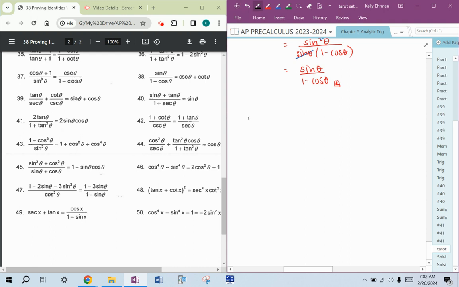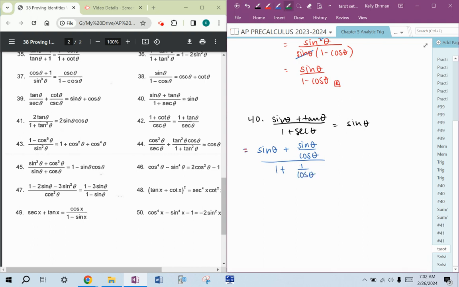All right, last problem in this group. Sine theta plus tangent theta over 1 plus secant theta is supposed to just equal sine theta. No Pythagorean identities. I've got a mixture of trig problems, so I'm going to rewrite in terms of sine and cosine. So tangent gets rewritten, so does secant.